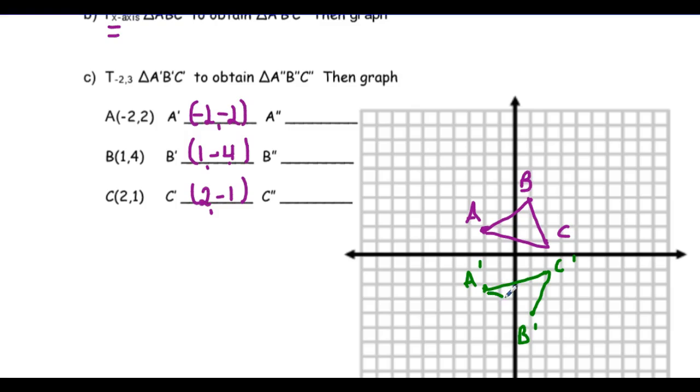It should look like it's been flipped over the x-axis. The next one, this was the green one. The next one we have, we'll do in blue. We're supposed to translate the green one by negative 2, 3. So we can either do it by adding. Where's my mouse? Lost my mouse again.